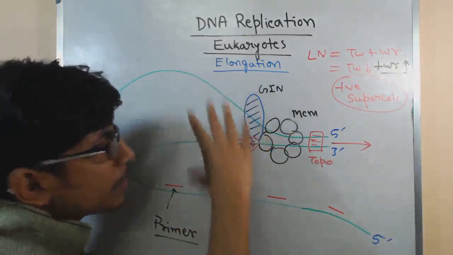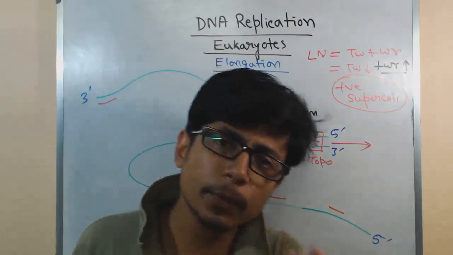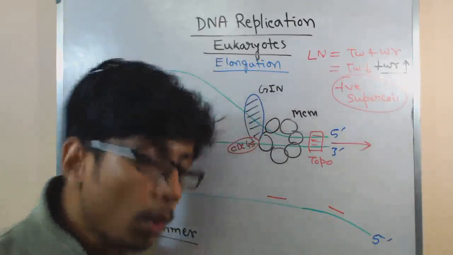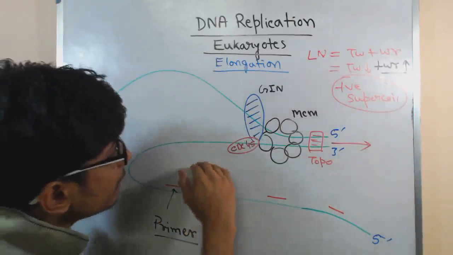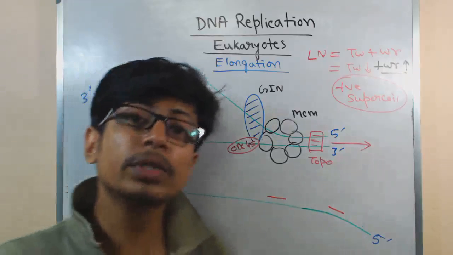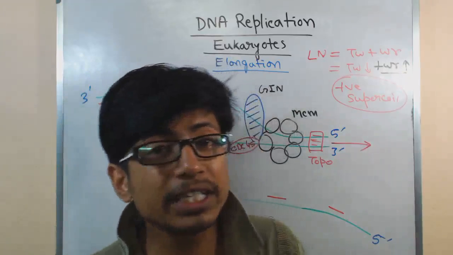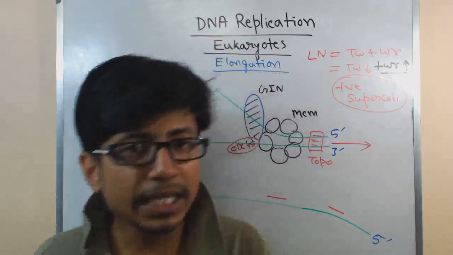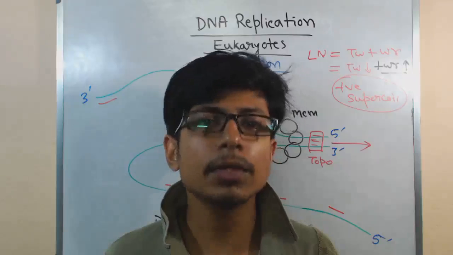After the separation of these two strands, we also need certain proteins called single strand binding proteins, because they keep the two parent DNA strands apart and do not allow them to reanneal with themselves. They also increase the stability of single stranded DNA, because single stranded DNA is less stable than double stranded DNA.